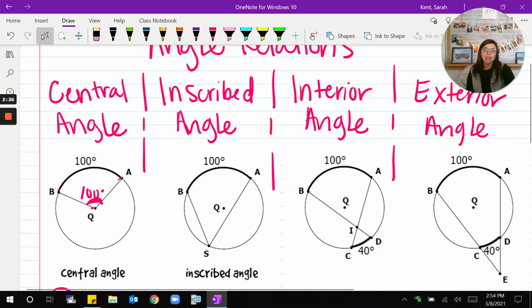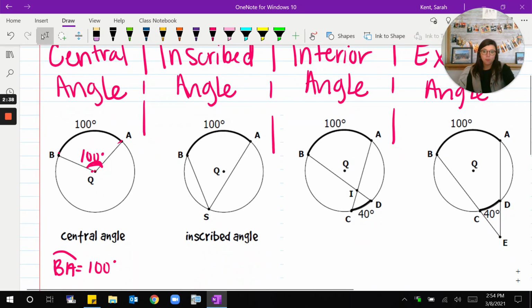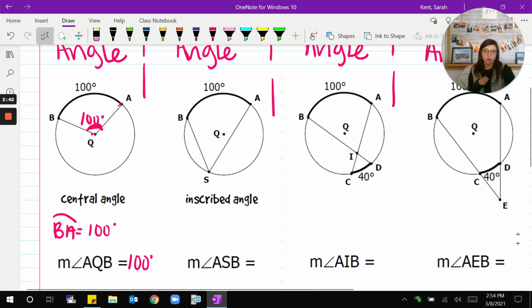Next, we'll have an inscribed angle. So this means this is an angle inside our circle. If we see here, we've got this angle ASB. All 3 points are touching the circle. That's what makes it inscribed. So here we have that the arc BA is 100 degrees.